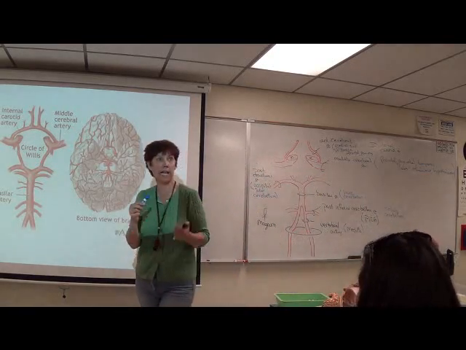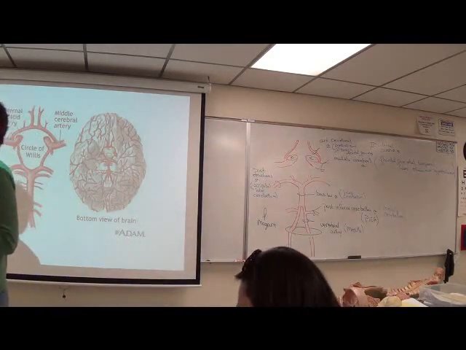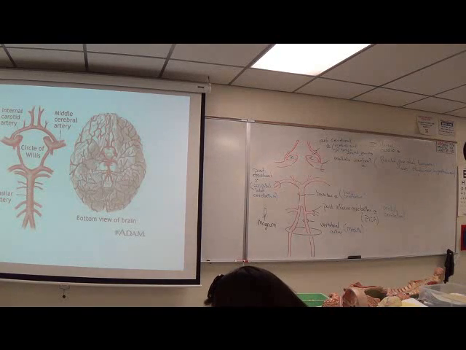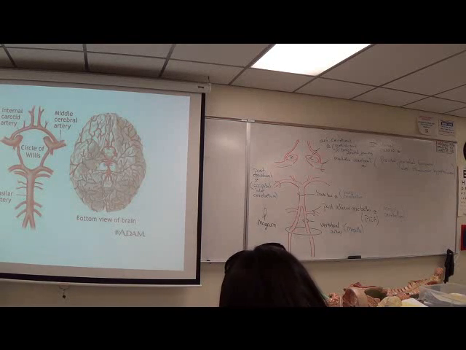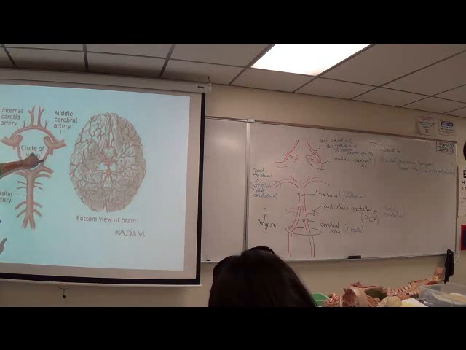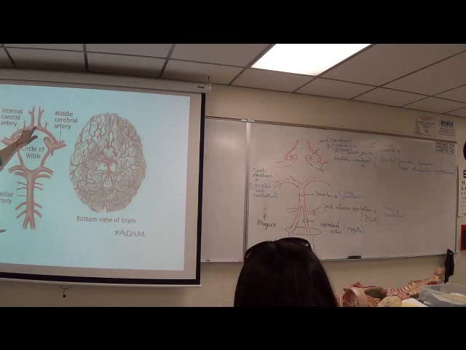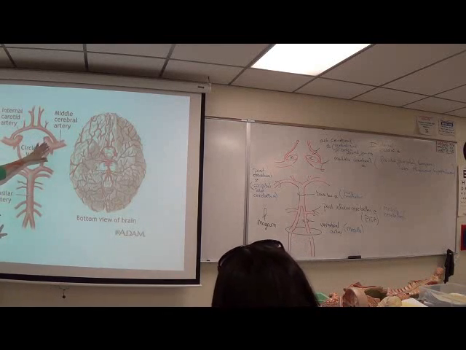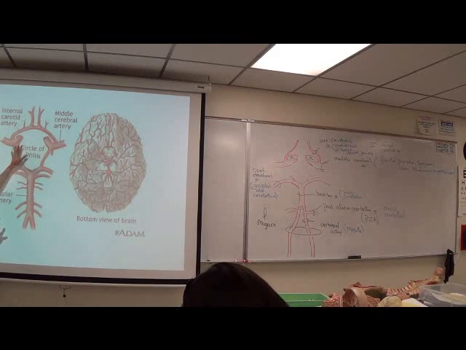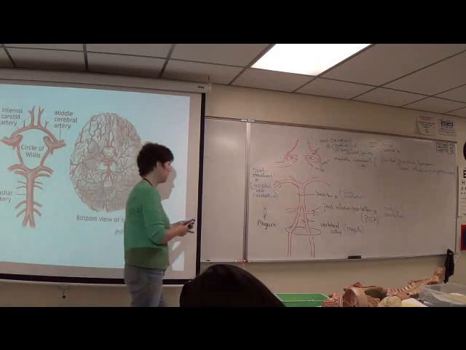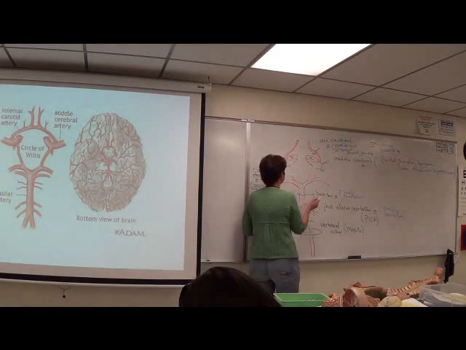Now notice that I don't have a connection yet. I have the blood flow of the anterior cerebral and middle cerebral from the internal carotid artery, and posterior cerebral from the vertebral arteries, but they're not yet connected. And so we have three communicating arteries that now make this a circuit. Between the internal carotid and posterior cerebral, we have two posterior communicating.